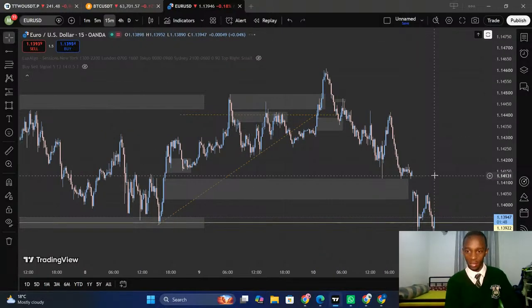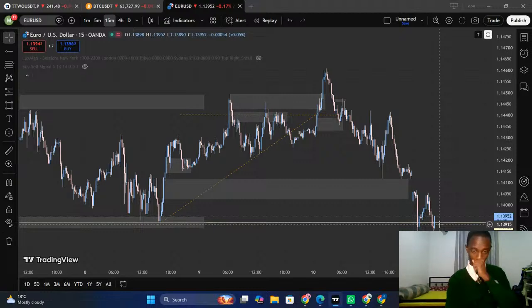So I really do think that we have a very huge potential to the downside, like breaking this support area, coming to retest it, then continuing with the trend. I do know that that is going to happen, but I'm at school, so I'm not going to take any trades now.